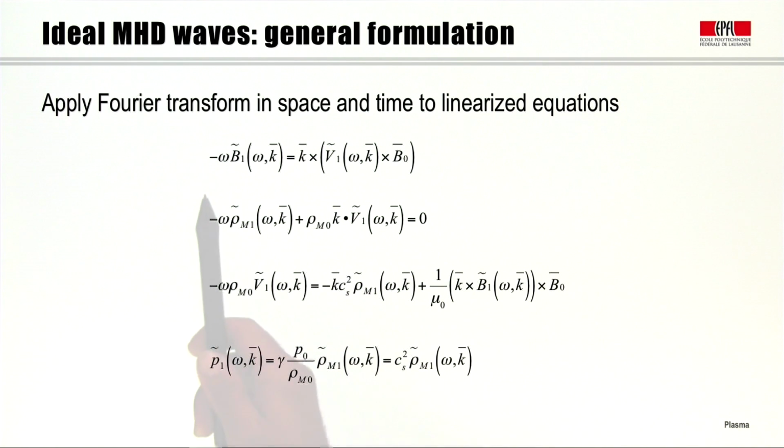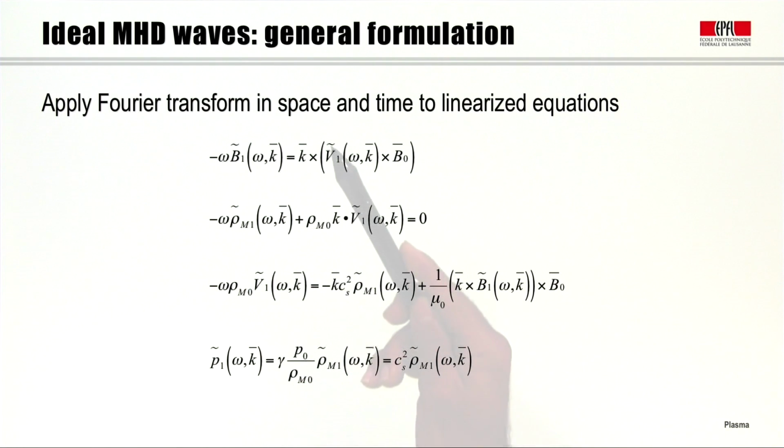So our first equation becomes minus omega B1 tilde equals k cross V1 tilde cross B0, where the tilde indicates that we are now in Fourier space. For the mass density, we have minus omega rho tilde m1 plus rho m0 k dot V1 tilde equals 0.